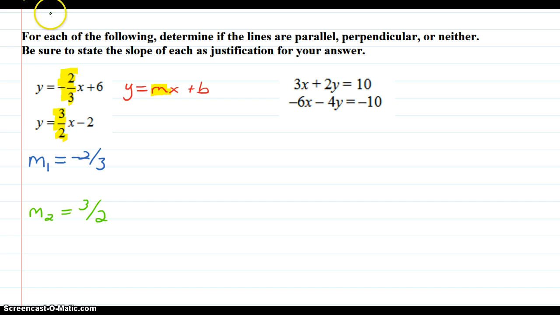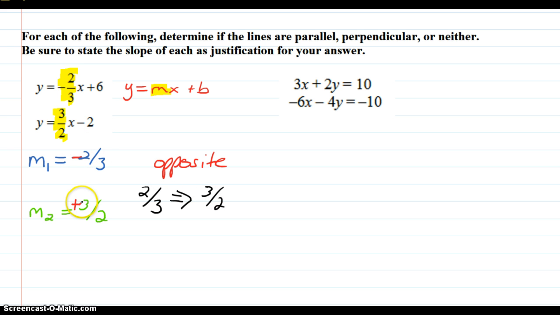But now let's look a little closer. Are the signs opposite? So here we have a negative. Here we have a positive, so we have opposite. Now we look at the number, 2/3. What's the reciprocal of 2/3? Well, the reciprocal of 2/3 is 3/2.